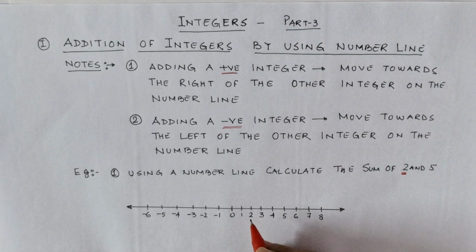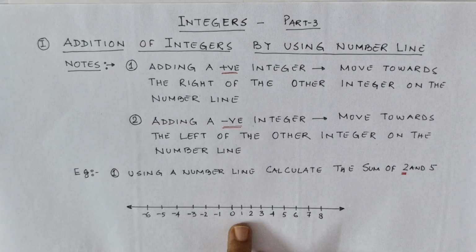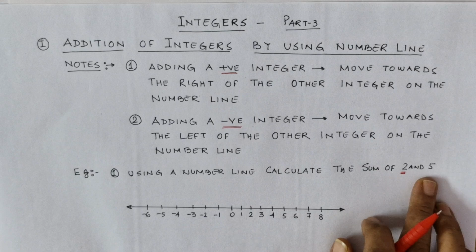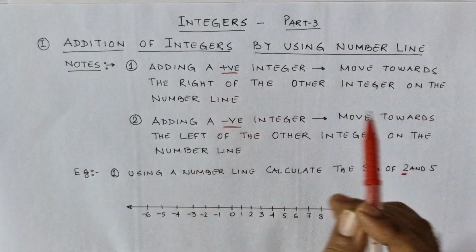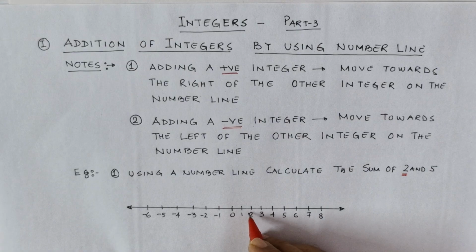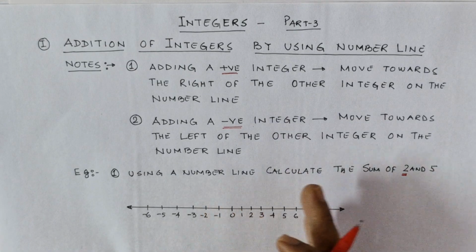2 is positive, so here is 2, right? So I will be adding 5, which means I will be adding a positive integer. I have to move towards the right of the other integer. So here is the first integer, and I'll be moving towards the right.